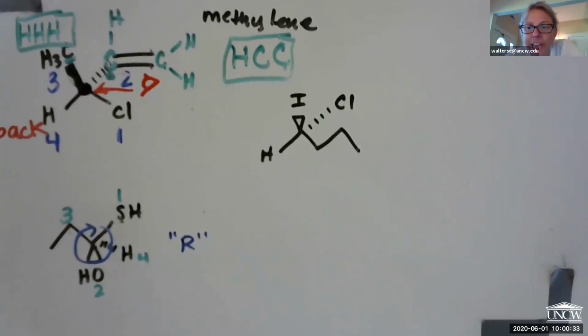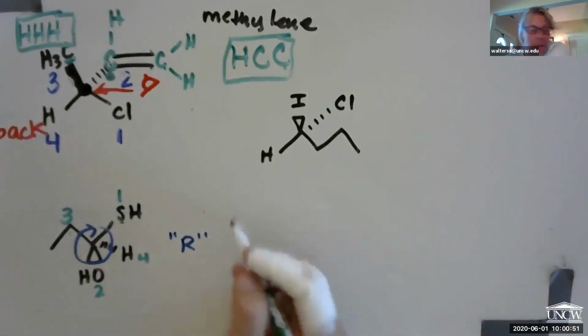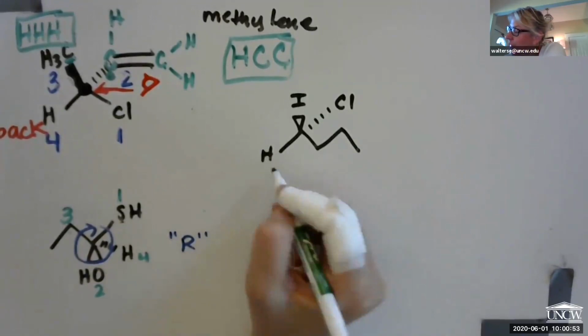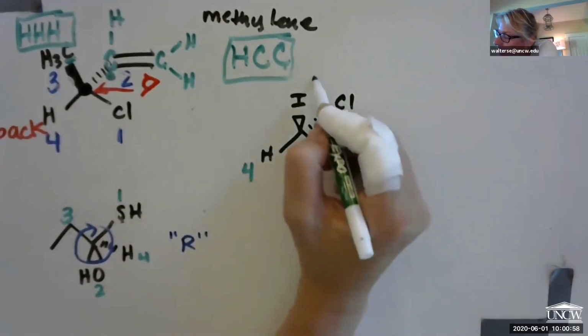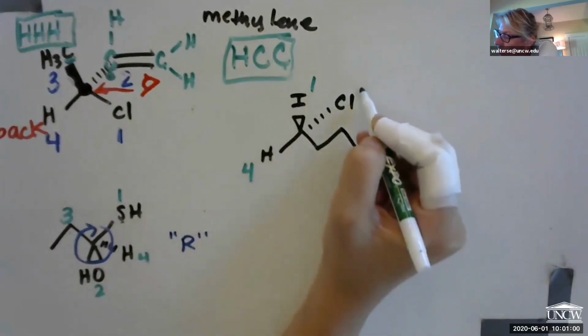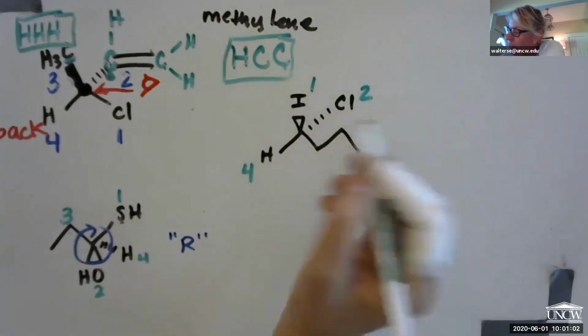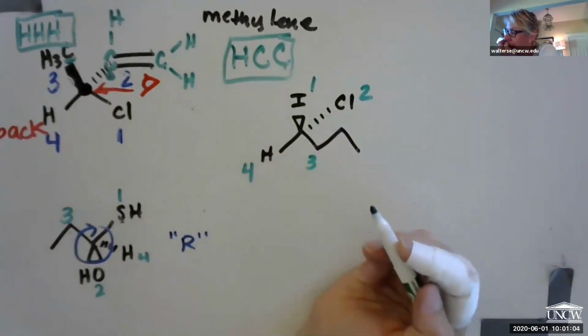Okay, does anybody need more time? Okay, well, let's do it together then. All right, so hydrogen is 4, lowest priority. Iodine is 1. The chlorine would be 2. The alkyl group 3.